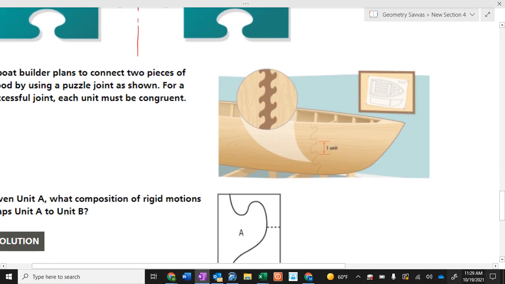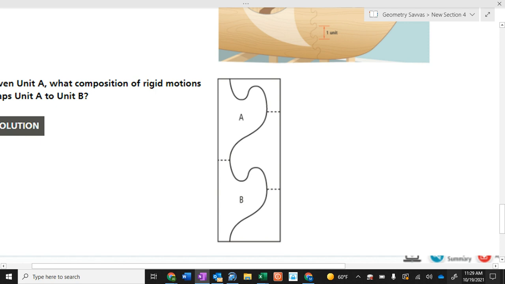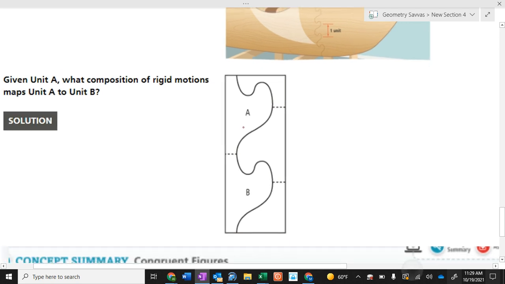This boat, the person making the boat is going to join this piece to this piece by joining together a puzzle joint. So to get them together, he has to make a puzzle joint like this. What type of transformation maps A to B?